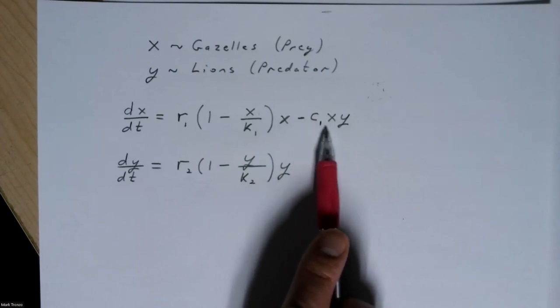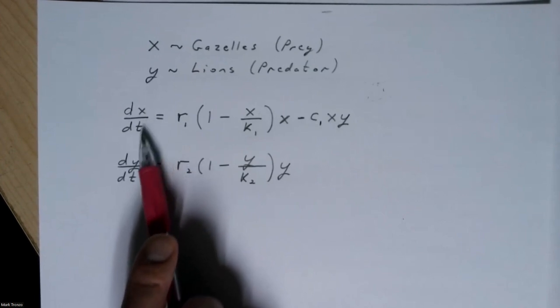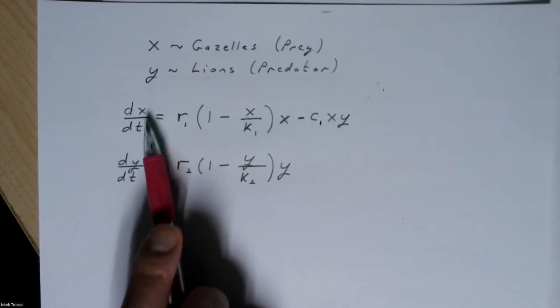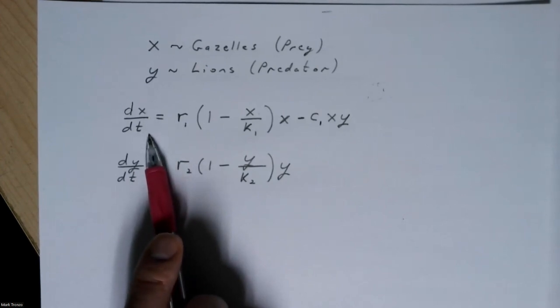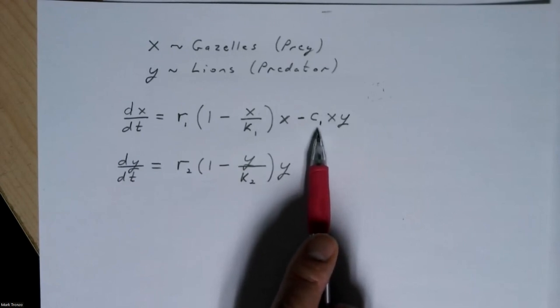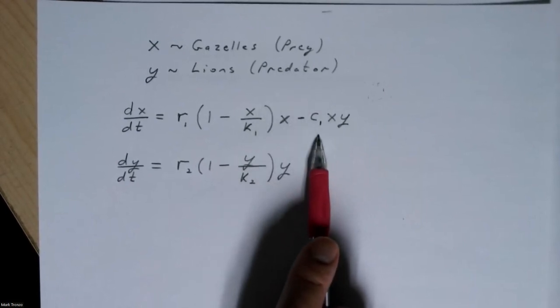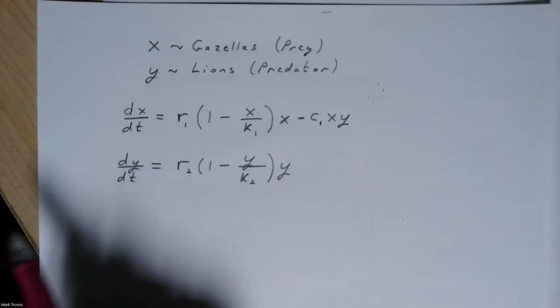In other words, it's going to be a negative effect on the rate of change of the gazelles, because remember, dx/dt is the rate of change of gazelles. So there's going to be less of them the more interactions there are, but it's going to be proportional to some constant. Now we really don't know what that constant is, and sometimes we'll figure that out later.